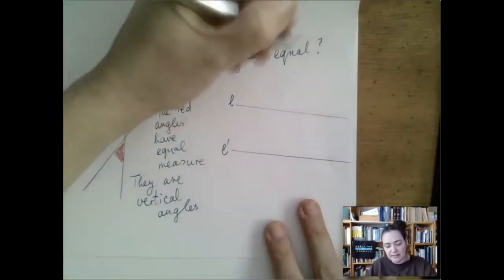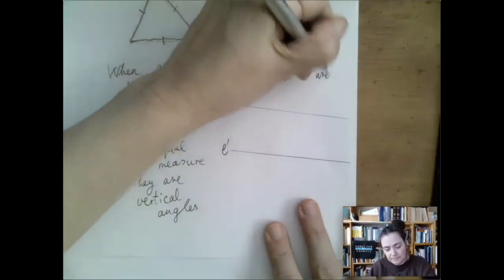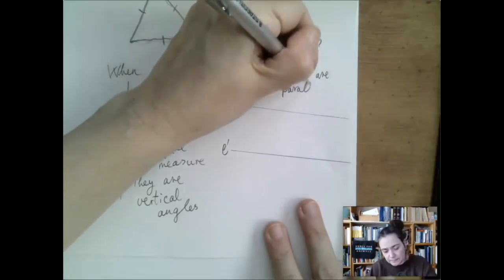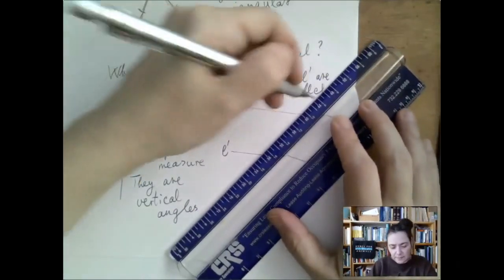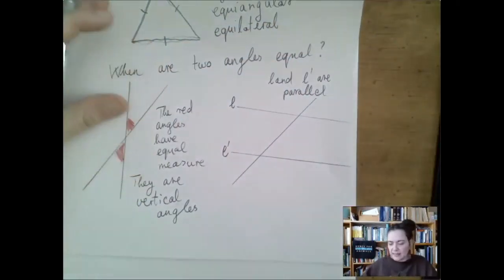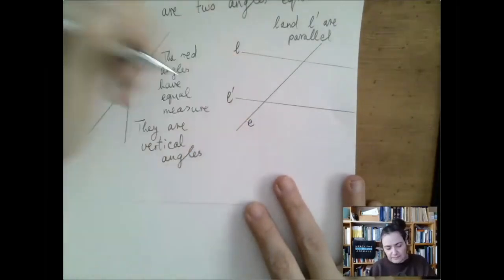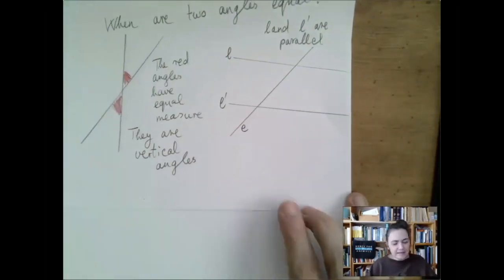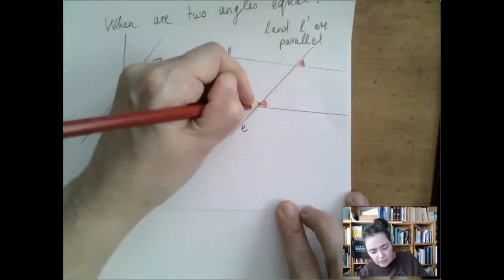But I'd rather write it down. L and L prime are parallel. And they are hit by a third line, let's say E. And then these two angles that are formed here have equal measure.